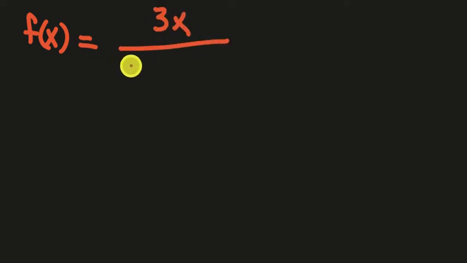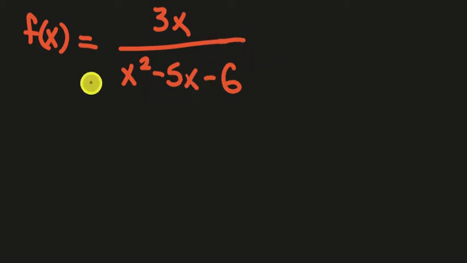Our last question for this video is going to be f of x equals 3x over x squared minus 5x minus 6. And the entire denominator is going to be inside of a square root.